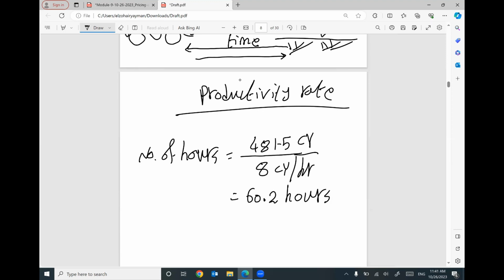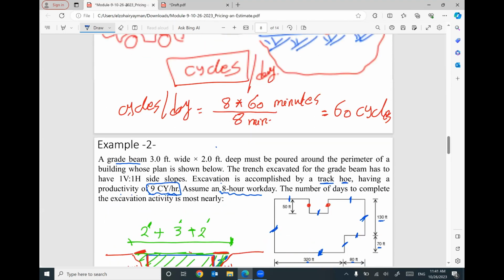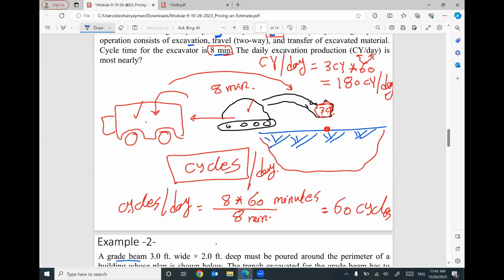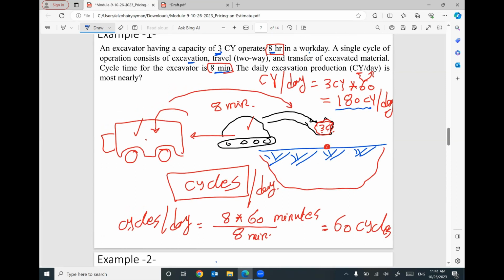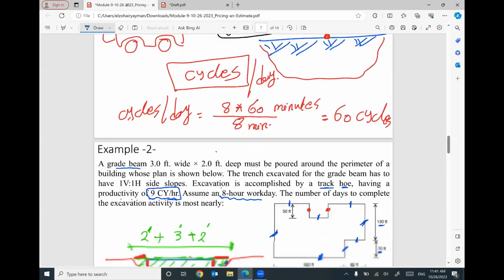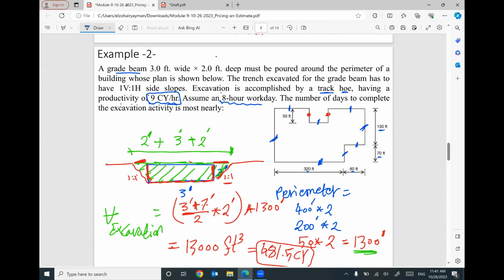So the first example helped you to figure out the productivity rate for equipment. The first example explains how to figure out the productivity rate of the equipment. The second example, this productivity rate is ready for you.